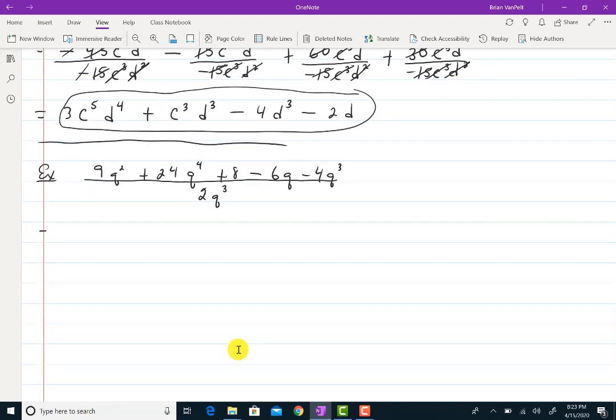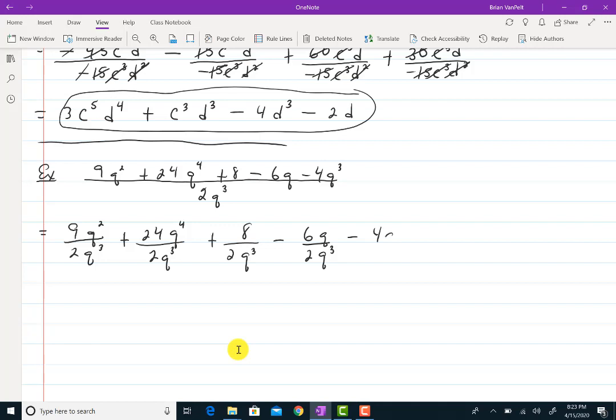So I'll break this up like I normally do. I have 9q squared over 2q to the 3rd plus 24q to the 4th divided by 2q to the 3rd plus 8 over 2q to the 3rd minus 6q divided by 2q to the 3rd minus 4q to the 3rd divided by 2q to the 3rd.